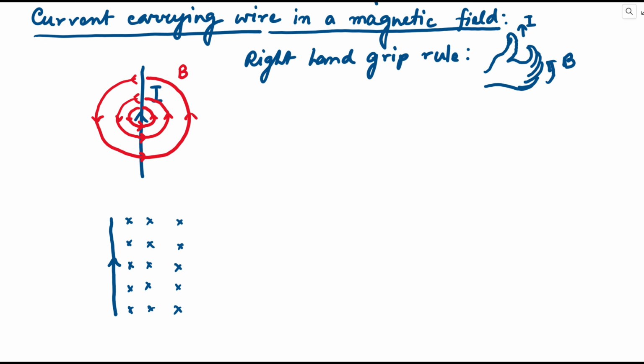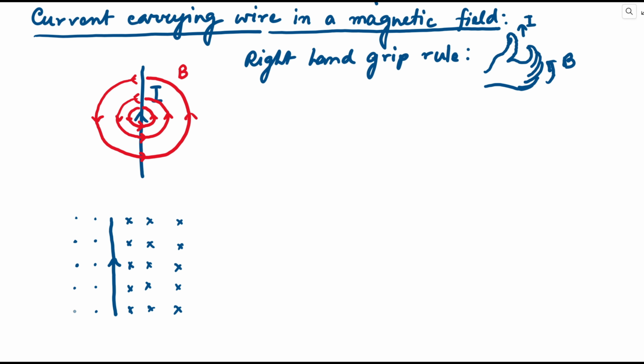Okay, similarly, on the left hand side of the wire, we will have the magnetic field lines pointing towards us. These circles will be coming out of the surface, and therefore we can represent these magnetic field line vectors as dots on the left hand side of the wire.